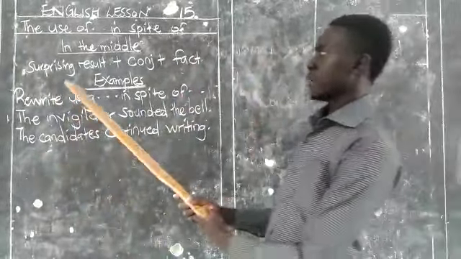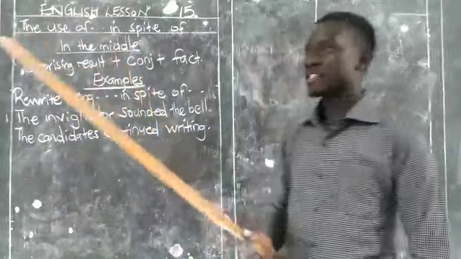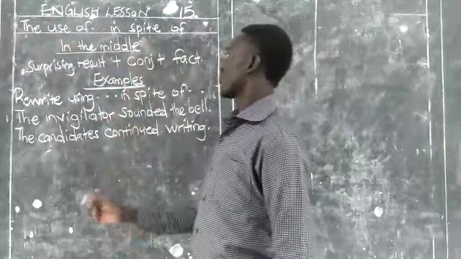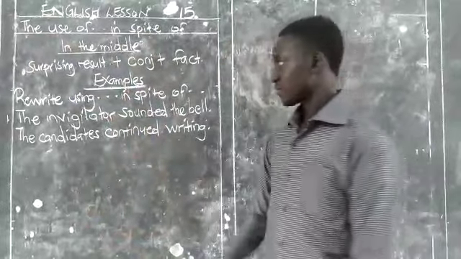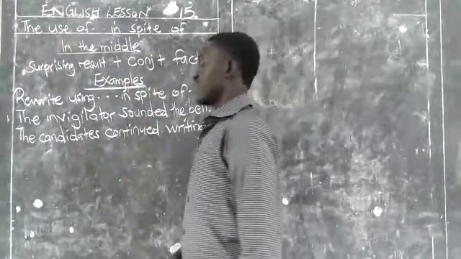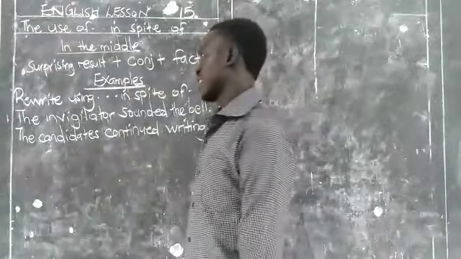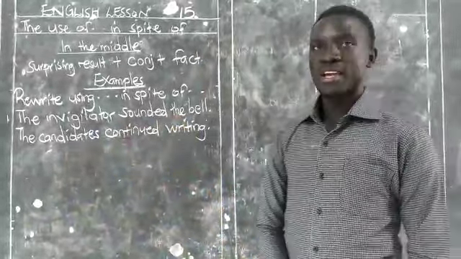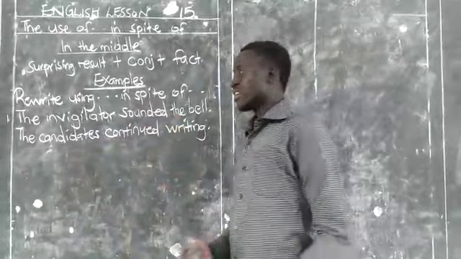Our formula is here. We start with the surprising result. Then after that, it is a conjunction, and of course, the conjunction is in spite of. That will be followed by the fact. As you can read the two sentences, which one is the fact and which one is the surprising result here? The invigilator sounded the bell. The candidates continued writing. What is the surprise in this sentence?